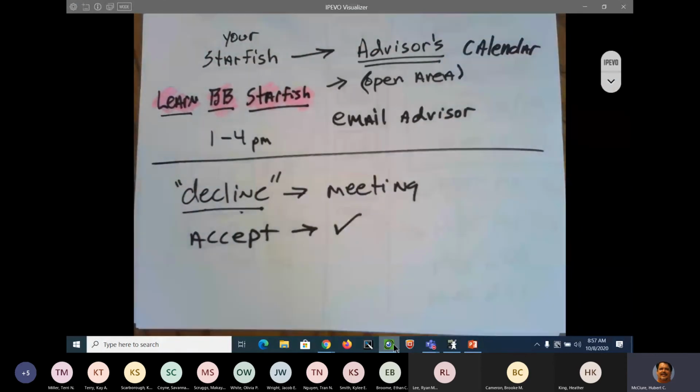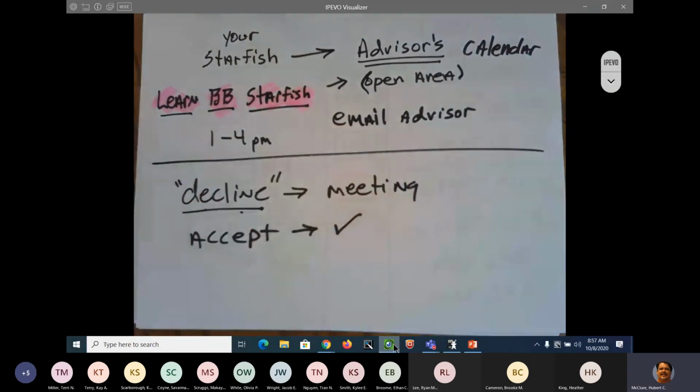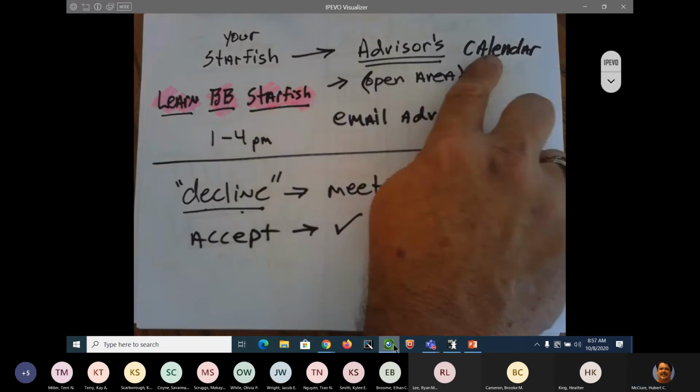Now, you could do that, or you can go to the Connect tab, and I think it says log into Starfish. And it will link you with your advisor's calendar.